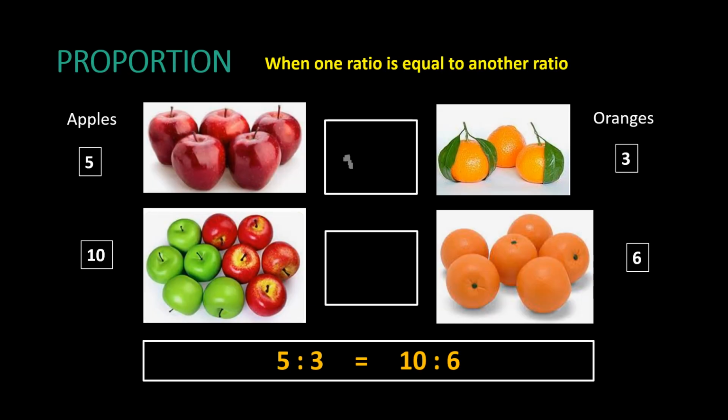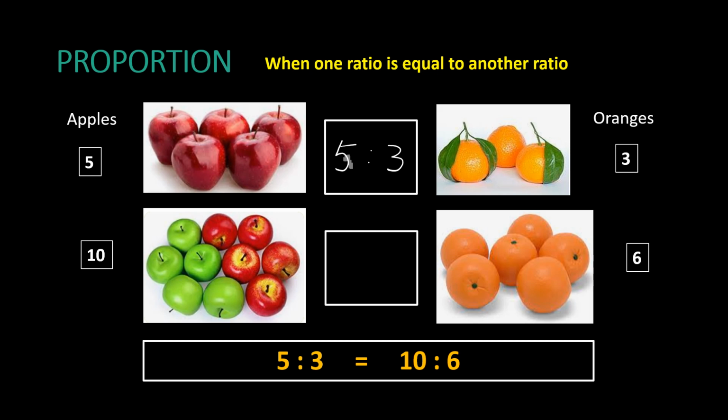Now let's take a look at what proportion is. Proportion is when one ratio is equal to another. So if you remember from earlier, we write 5 to 3. 5 apples to 3 oranges.